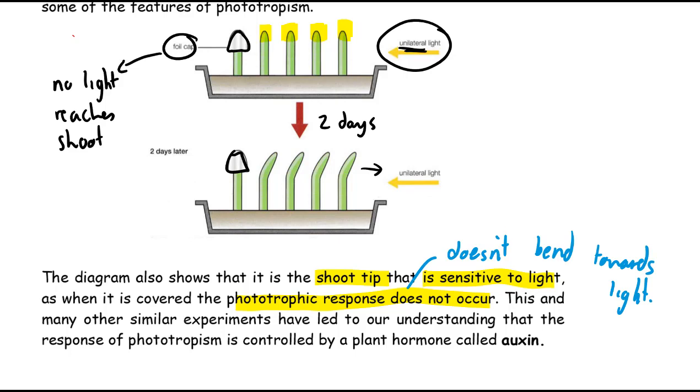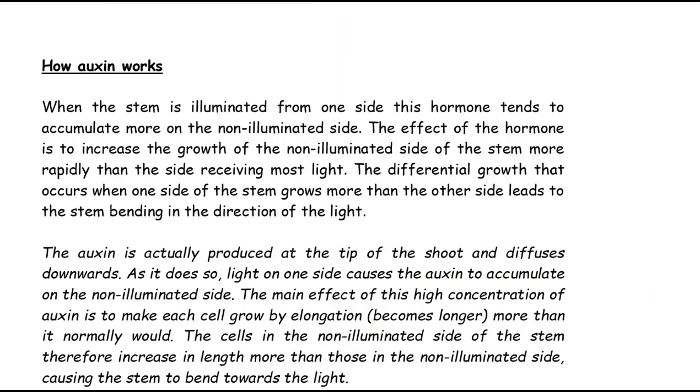This and many other similar experiments have led to our understanding that the response of phototropism is caused by a plant hormone, auxin. So let's have a little bit more look in more detail. So auxin is the plant hormone which causes the shoot to bend.